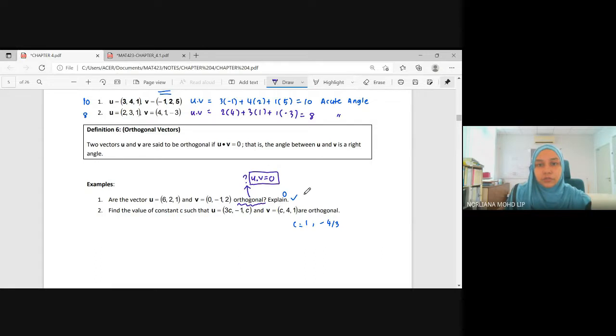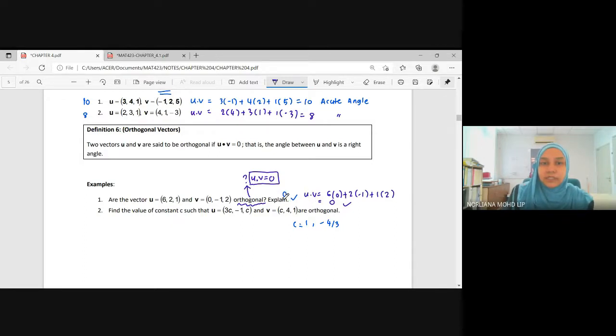So U dot V is equal to 60 times -1 is equal to 0. So it is orthogonal. Since U dot V is equal to 0, explain. It is orthogonal since U dot V is equal to 0.